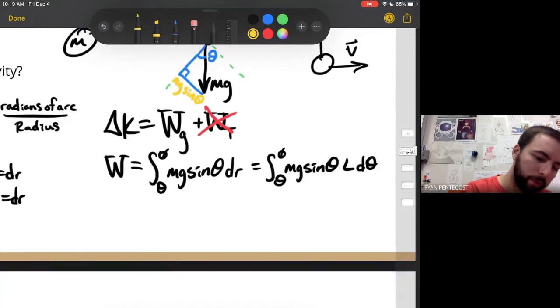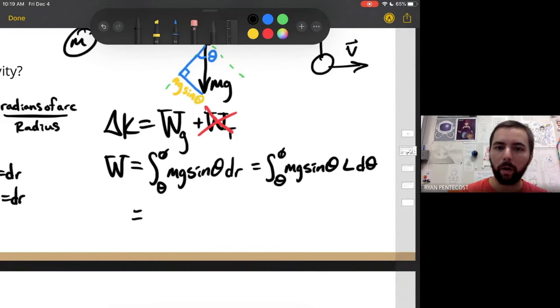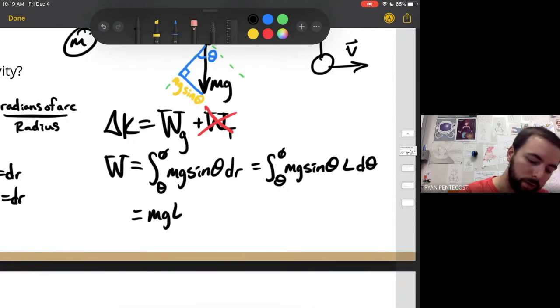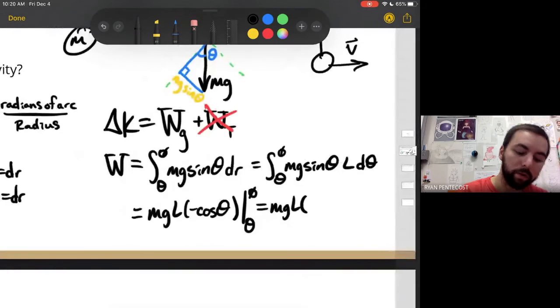So we would take the integral of mg sine theta L. mg and L are constants, so they will sit this one out. Then the integral of sine is negative cosine theta from theta to 0. So this will give us mgL, and you do final minus initial.